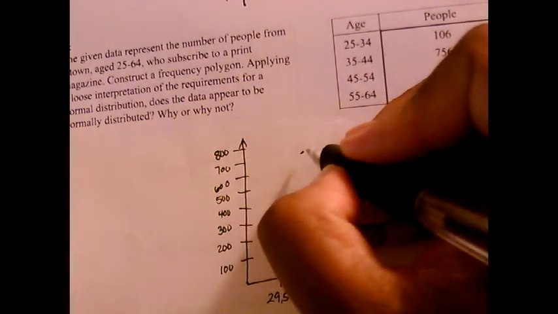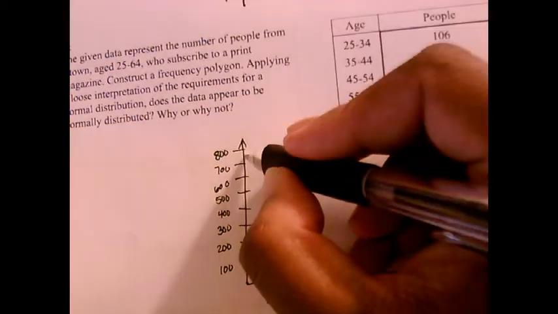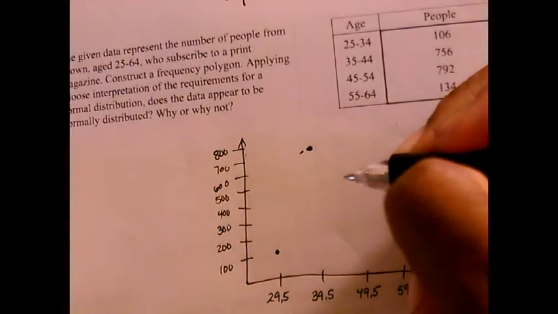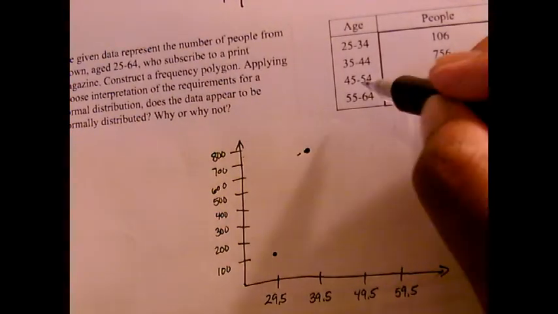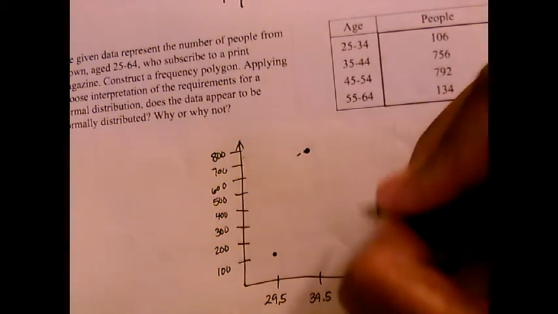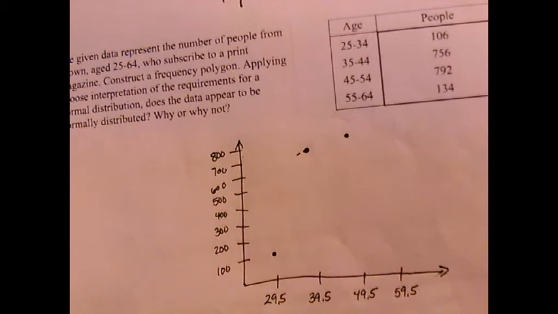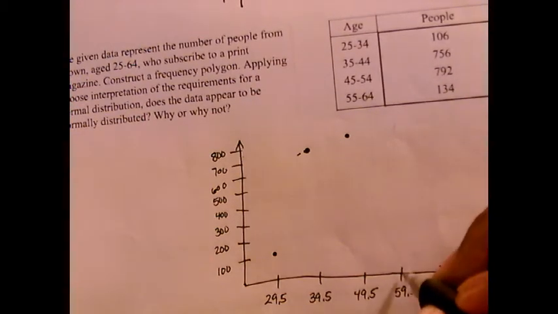So that's halfway between 700 and 800 approximately. And then 49.5, which is from 45 to 54, that's 792, that's almost 800. So it's a little bit close to 800. And then from 55 to 64, that's 134.